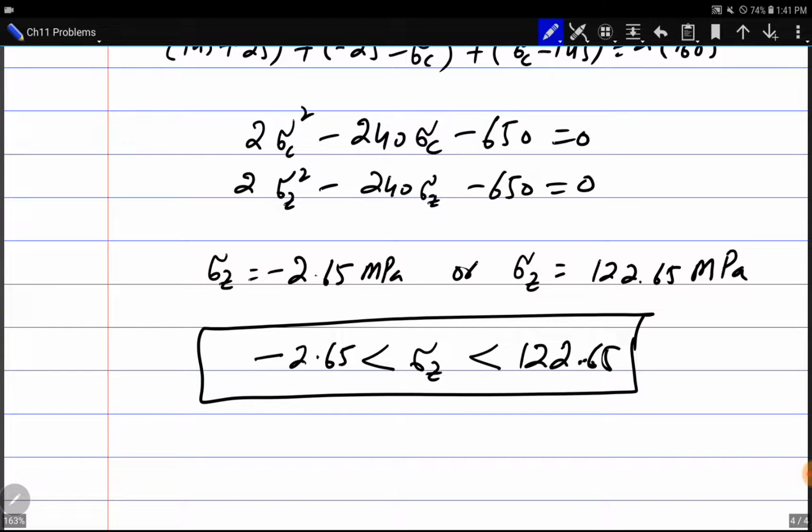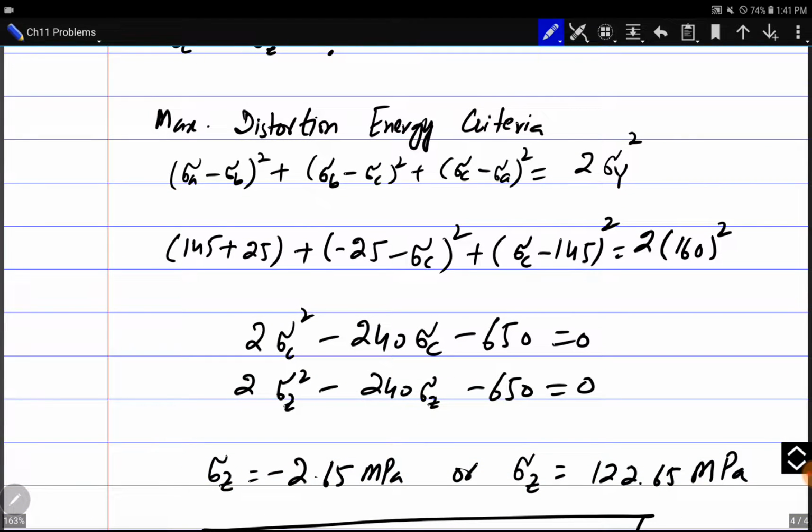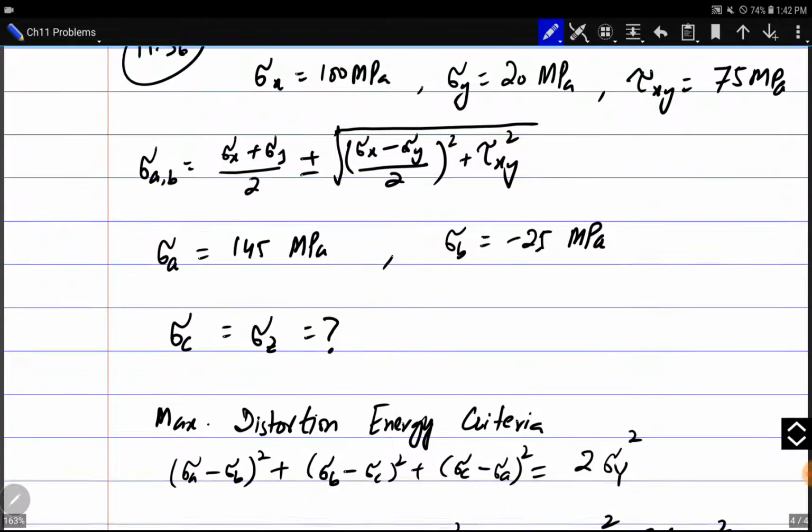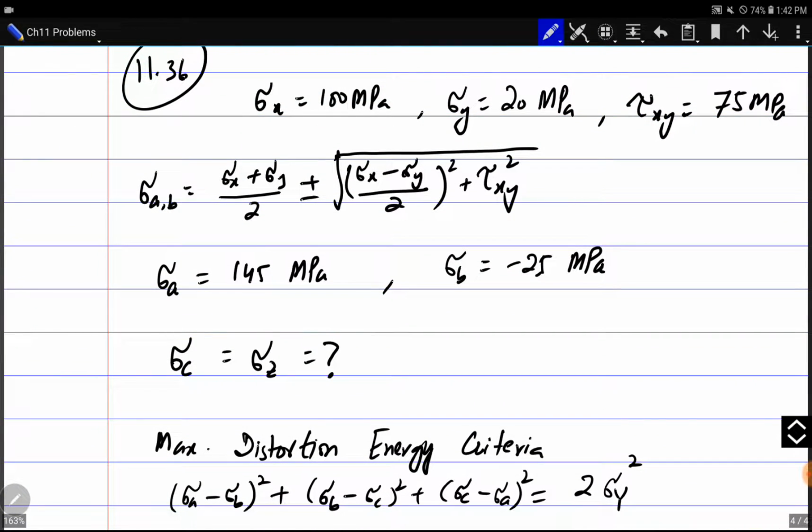What we have done is we have used the maximum distortion energy criteria, which is sigma A minus sigma B squared plus sigma B minus sigma C squared plus sigma C minus sigma A squared is equal to 2 sigma Y squared. This Y is capital Y, yield stress. Sigma A, sigma B and sigma C are principal stresses. Sigma A and B can be found from the XY plane, where sigma X, sigma Y and tau XY are given. We have used the expression for principal stresses.